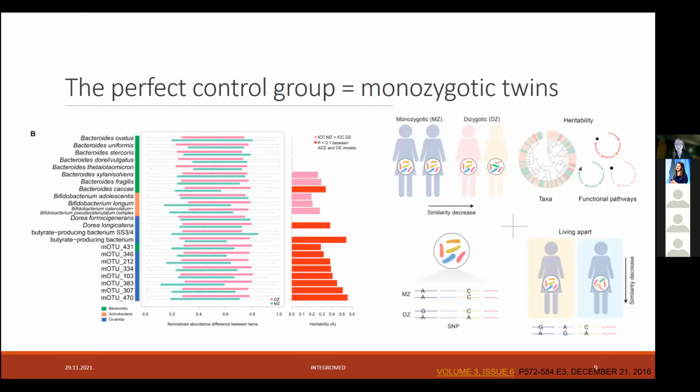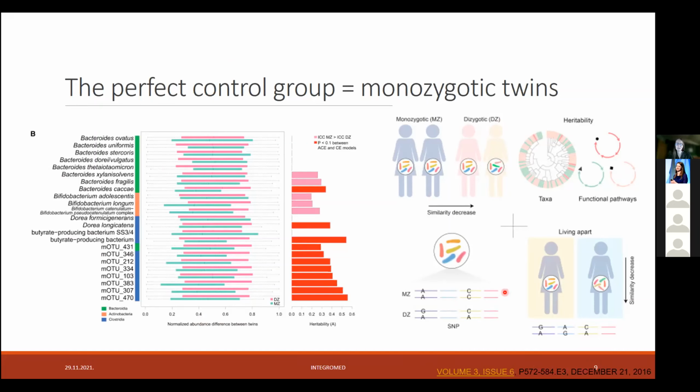And just as a fun example, if we wanted to create a perfect control group, science says that it could be monozygotic twins, as you can see here. It has been shown that the microbiome is more similar between monozygotic twins than dizygotic twins.